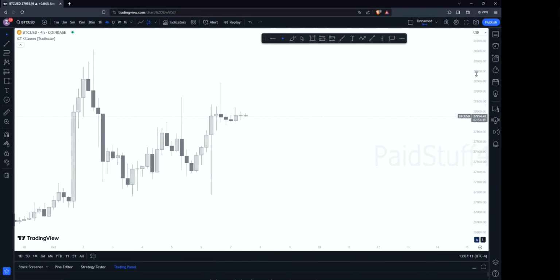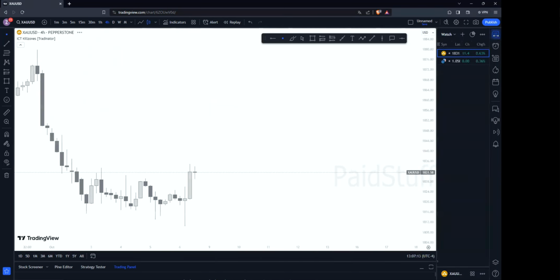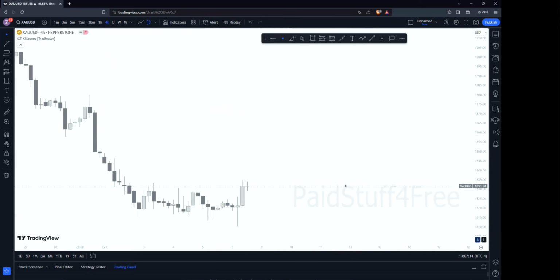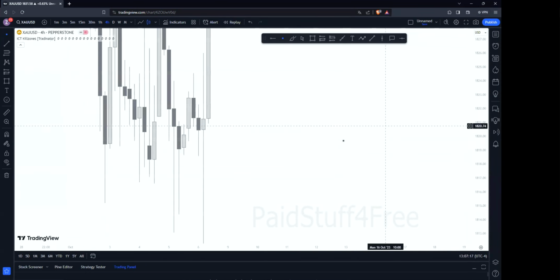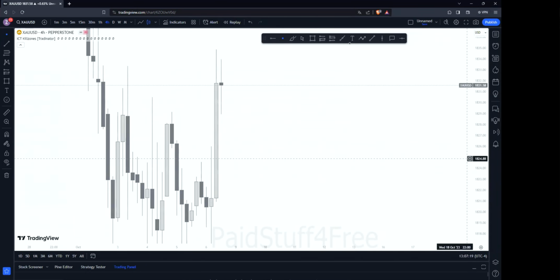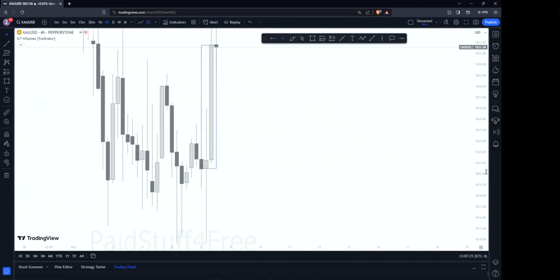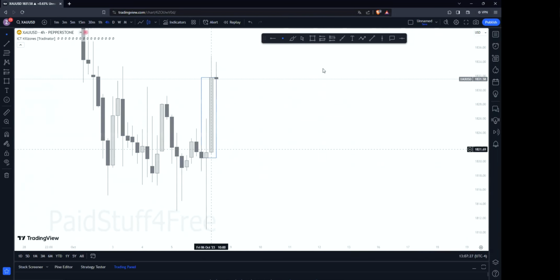So let's take an example of these. You're going to have one candle, a second candle right here. These are two bullish candles, a bullish candle and another bullish candle next to it.